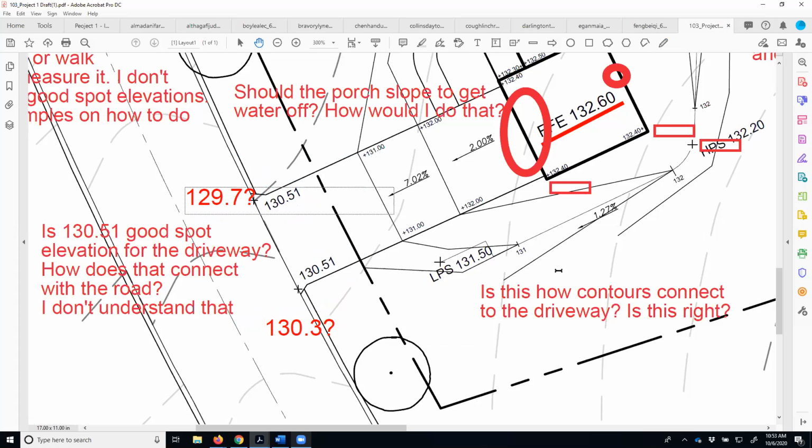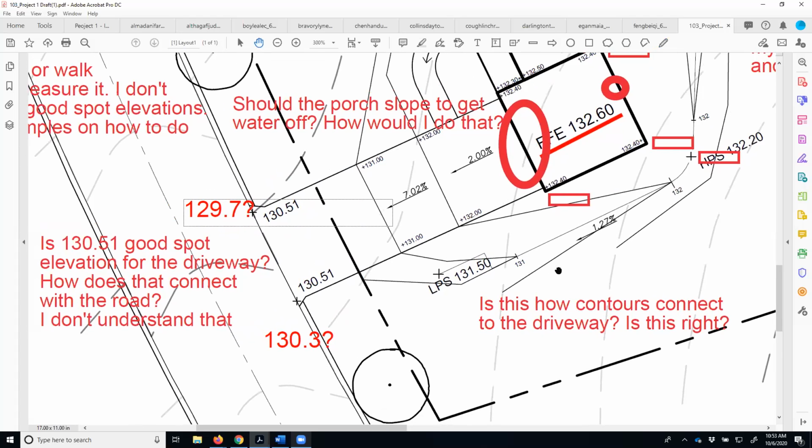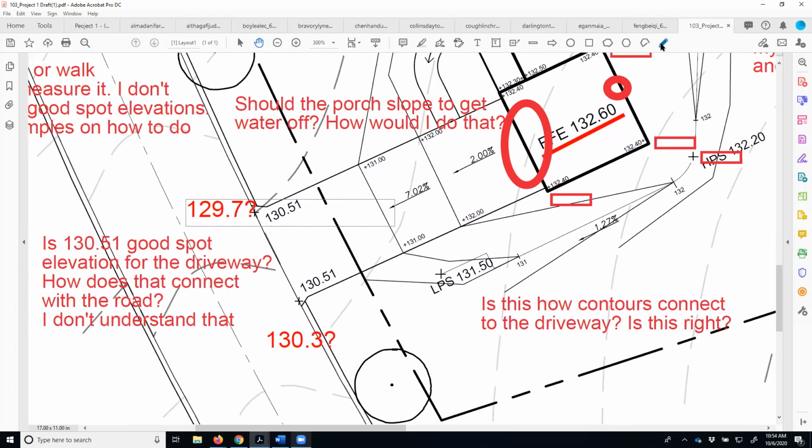Therefore, because these elevations here at the top, or not even really at the top, at where she's gone with her percentages, those are the same, but these are different.